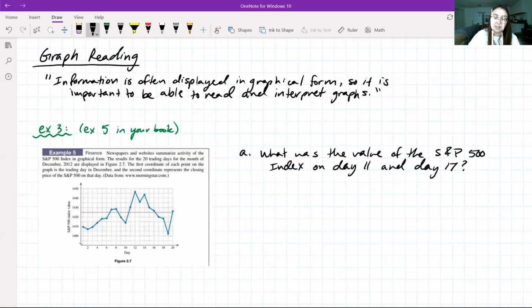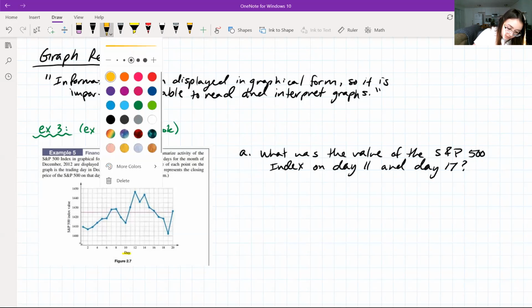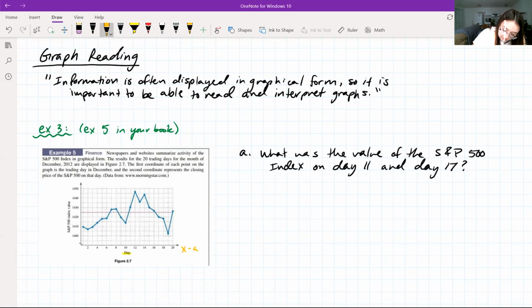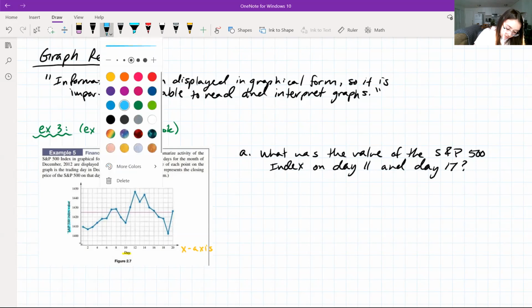So if we want to find the value of the S&P 500 index on day 11 and day 17, we want to look at this graph. So day is our x-axis here, so we can label that x-axis. And our S&P 500 index value is our y-axis.